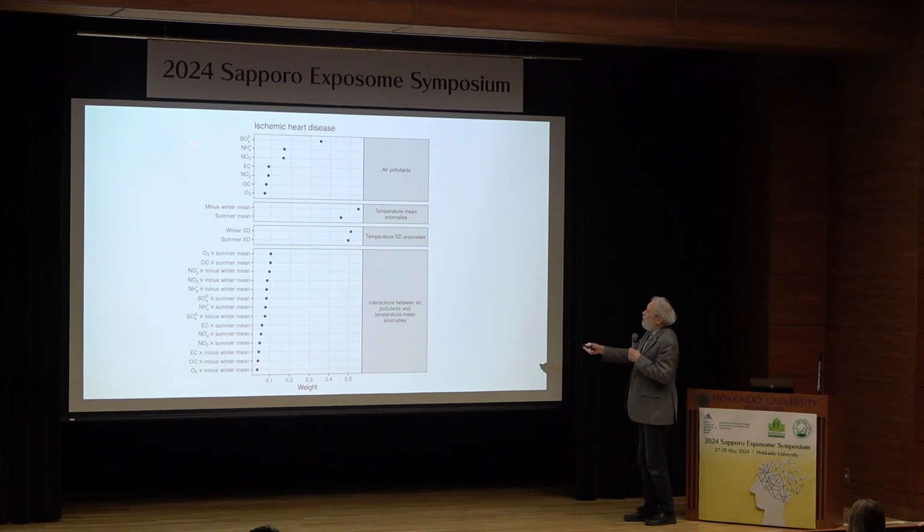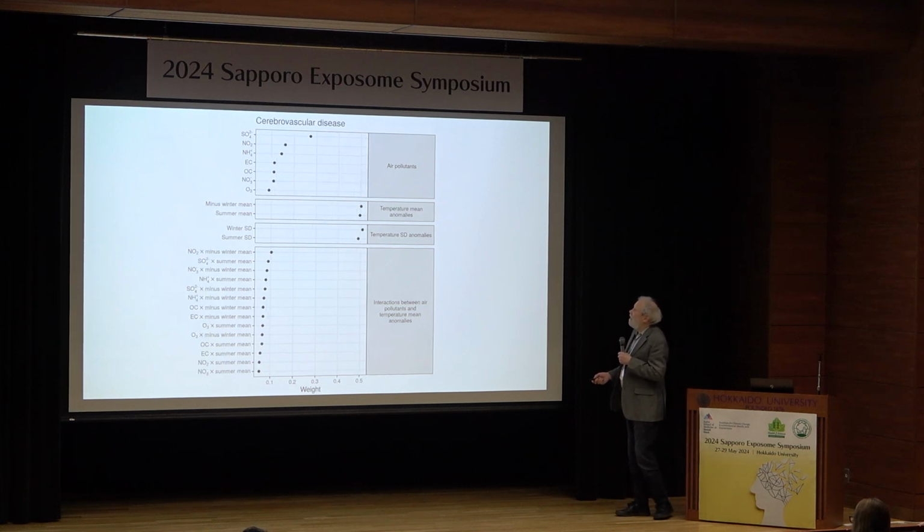But whereas the overall effect of ozone had a relatively small weight, about 8% of the total effect of air pollutants, the interaction with summer mean temperature was even larger, and so that adds up in warm years to a bigger ozone effect, and the same with OC, whereas the sulfate interaction is not really doing that much compared to the main effects.